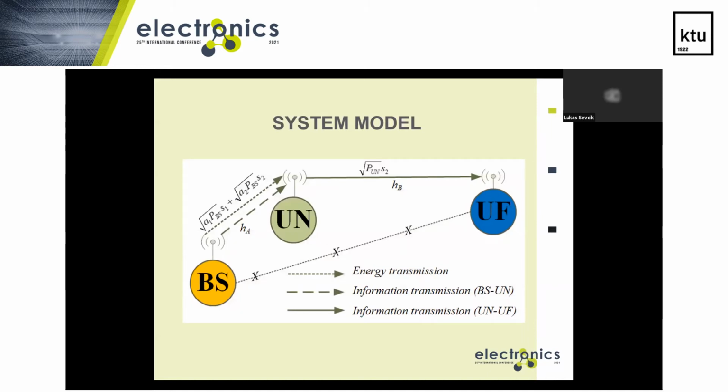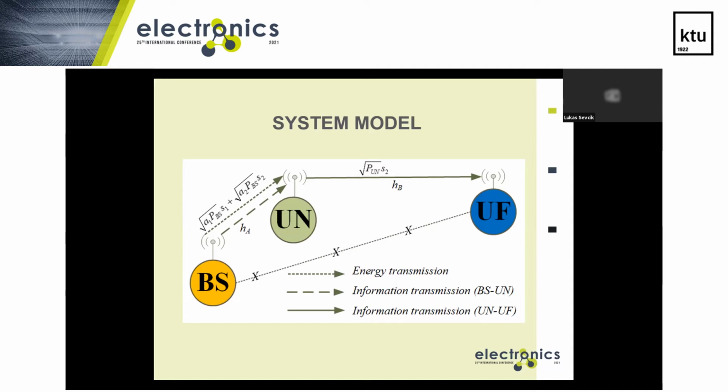Now you can see our system model. This figure illustrates a model with a base station and two users. One is the user near the station, which is green, UN, and the second one is the user far from the station, which has blue color.